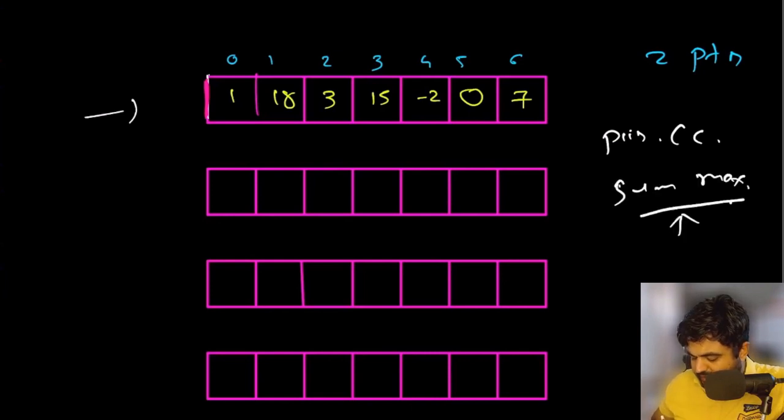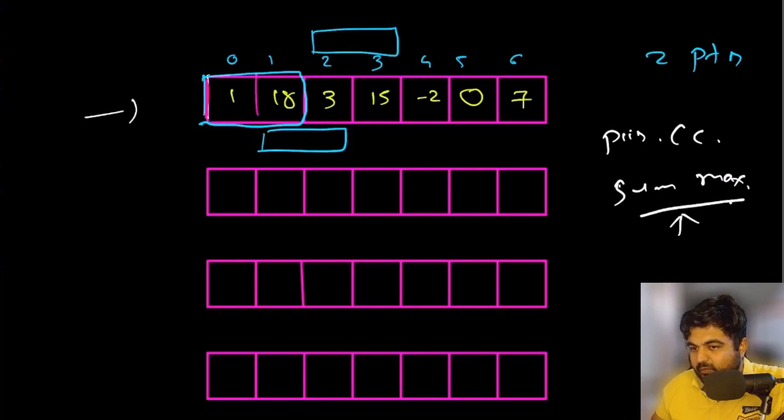So what is the simplest way to solve this problem? If we think about the brute force approach, the simplest way is to make every single possible pair, do the sum of that pair, and try to find the answer. That is a pretty simple approach.